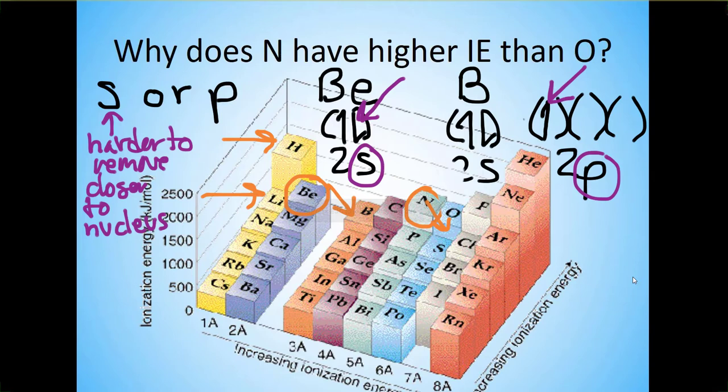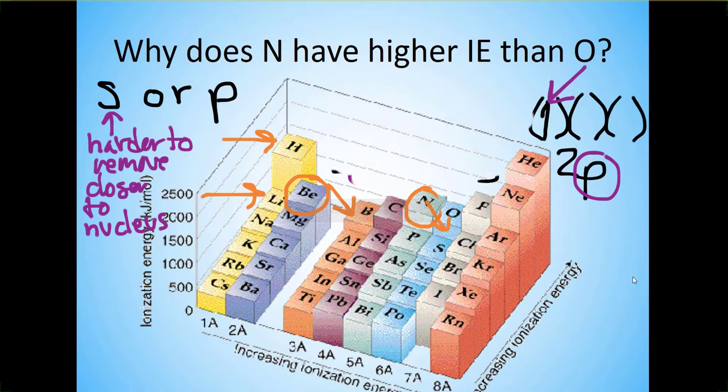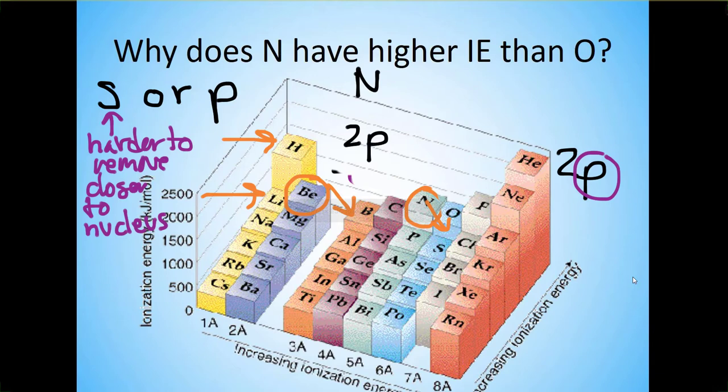So again, I'm going to use the orbital diagrams, and let me just clear this a little bit so that we can see. So we are going to look at nitrogen and nitrogen's p electrons. When we look at its p electrons, we have one electron in each orbital of that p sublevel.